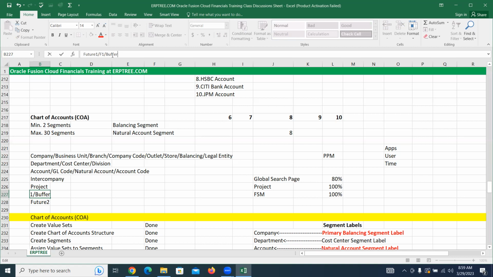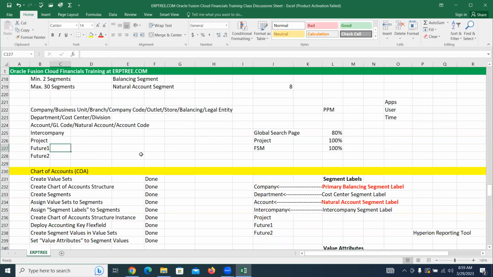This is how you can have segment naming conventions. So this is what we have to understand when you talk about chart of accounts segment related naming conventions. Rest, it could be whatever they require, accordingly they can take. Mostly for company, this is how you can see.